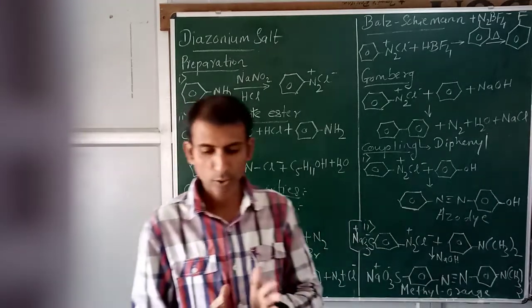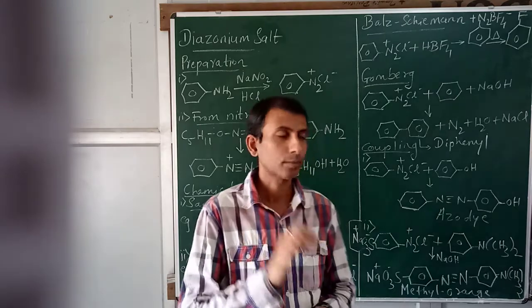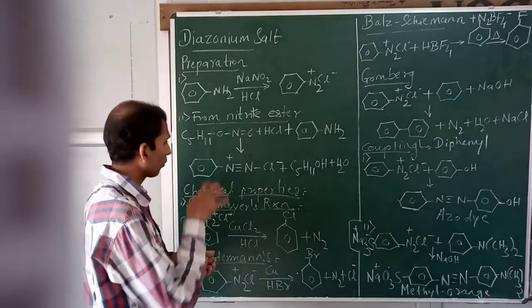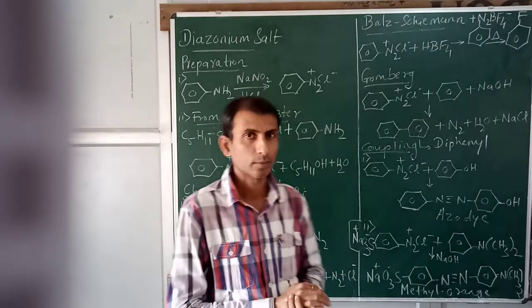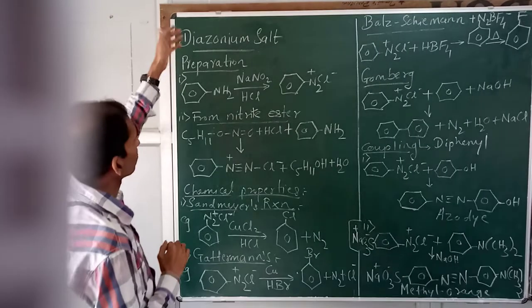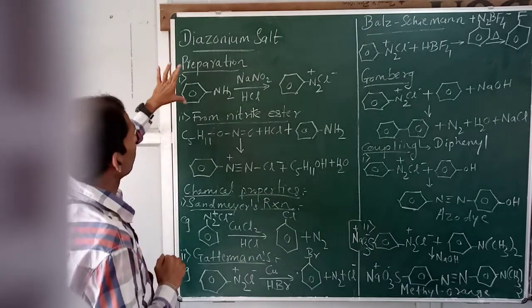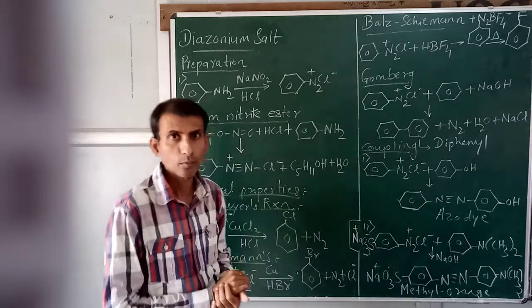So in this part also we have to cover the preparation of diazonium salt and a few important reactions of diazonium salt. We start with the first method of preparation of diazonium salt. Preparation from aniline.